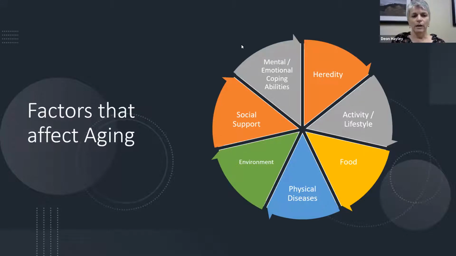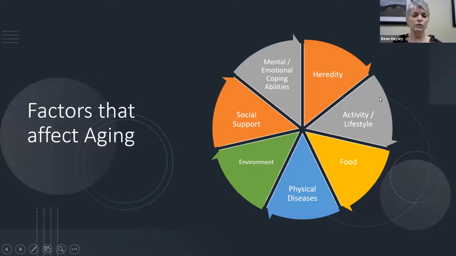You all are going to say, sure, this is not surprising, but it's interesting to talk about the things that affect how one person might age at a different rate than another person. And the different ways that you age are different. So we know, of course, heredity is some of it.